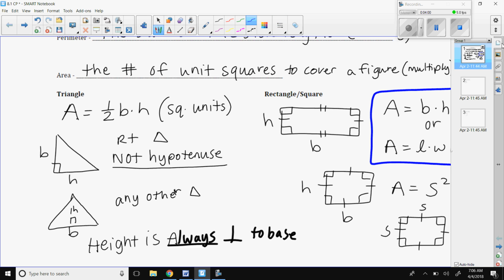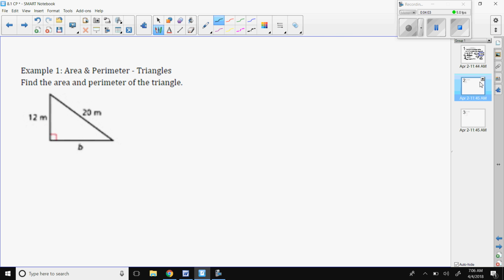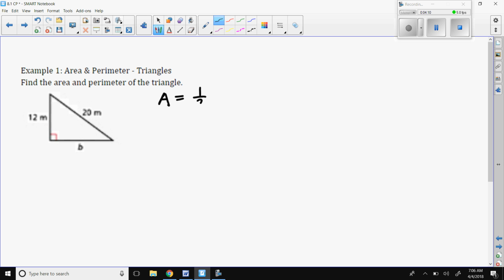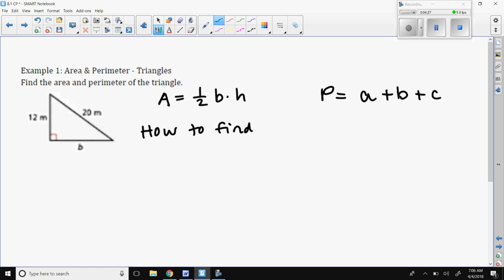Okay, so if we move on to one of the examples, I have find the area and perimeter of the triangle. Okay, so my area formula is 1/2 the base times the height, and my perimeter is going to be all the sides added together. Okay, A plus B plus C. And I can see that I'm missing a side here, so how do we find a missing side of a right triangle?